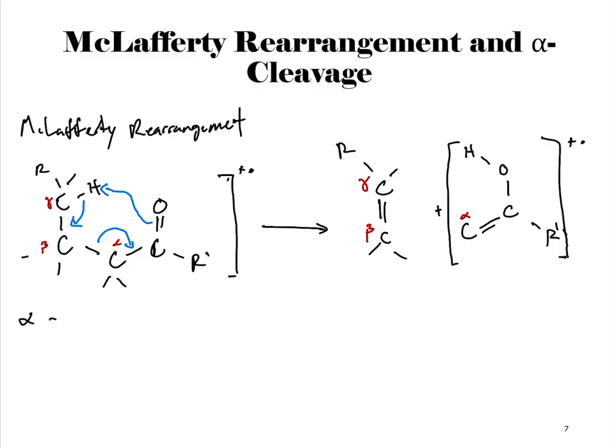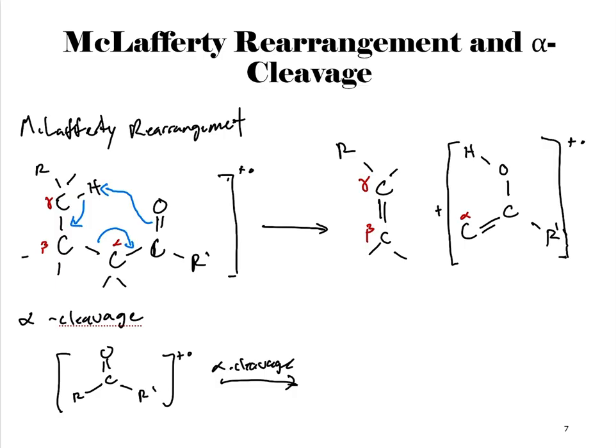The alpha cleavage, as the name suggests, we're going to have cleavage at the alpha carbon in the ketone or aldehyde. So we have our ionic fragment. We get the alpha cleavage, and we get a radical with the first R group on it, and then we get a mix of two ions that rearrange with respect to each other.